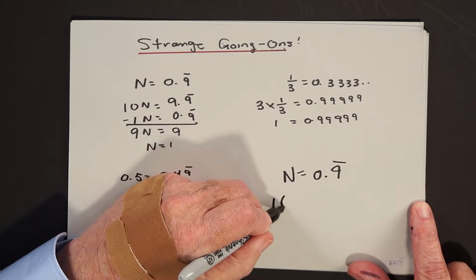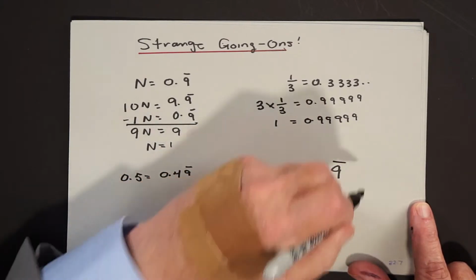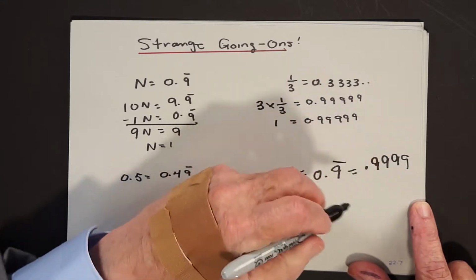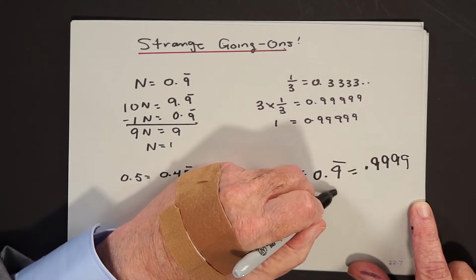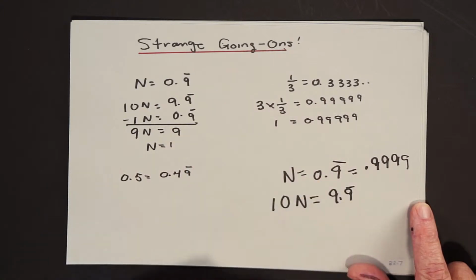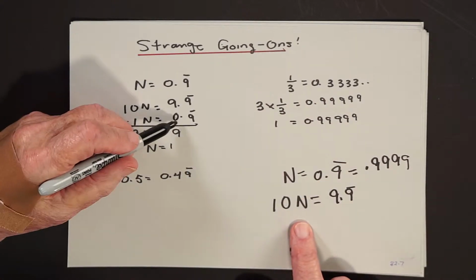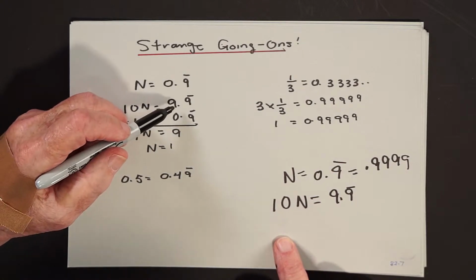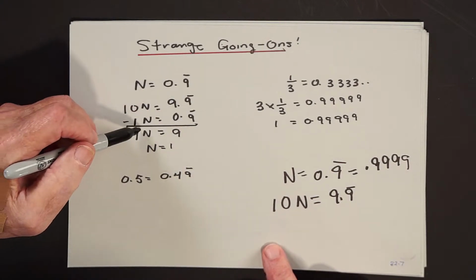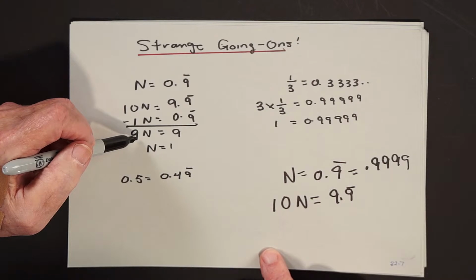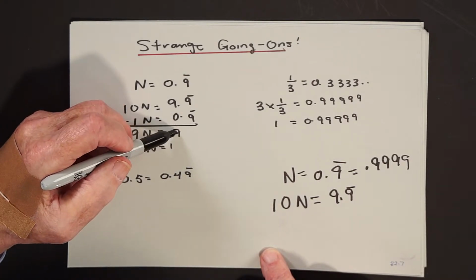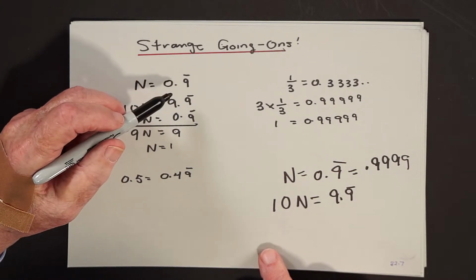If I move the decimal point 1 place to the right, see this is 0.9999 endlessly, I'm going to get 9.9 bar. So if I subtract 1n, which is 0.9 bar, from 10n, which is 9.9 bar, 1n from 10n is 9n's. If I subtract here, 0 from 9 is still 9, and the 9 bars cancel out.